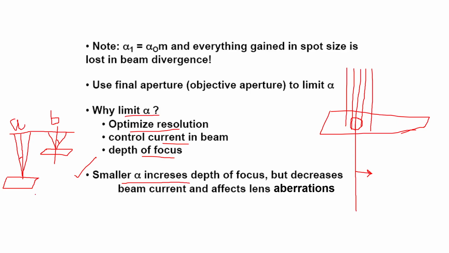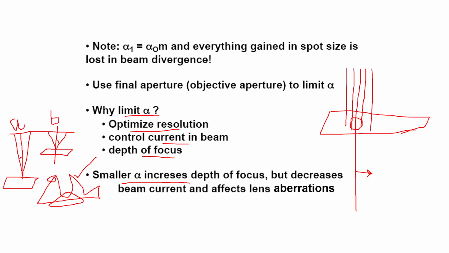That means if I have a very rough surface like this, I will be able to see both this point and this point in focus. While in case B, where the alpha is very high, I can only focus either this point or this point, because at higher alpha the depth of field is very small.